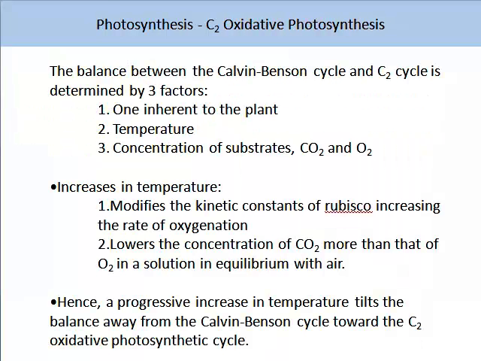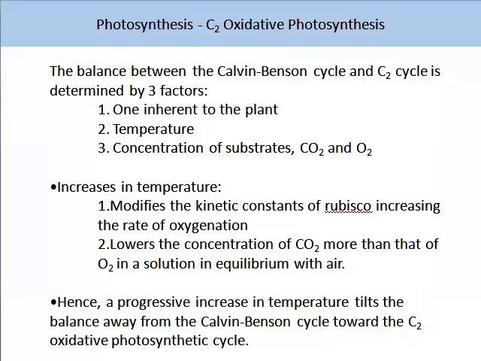So let us review. The balance between the Calvin-Benson cycle and the C2 cycle is determined by three factors. The first is inherent to the plant. The second is temperature, usually higher temperature causing a tendency towards the C2 cycle rather than the Calvin-Benson cycle. And thirdly, the concentrations of the substrates, carbon dioxide and oxygen, in the stroma.